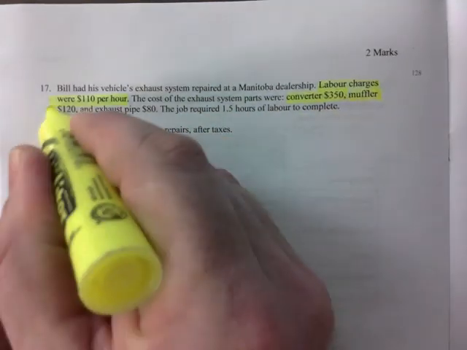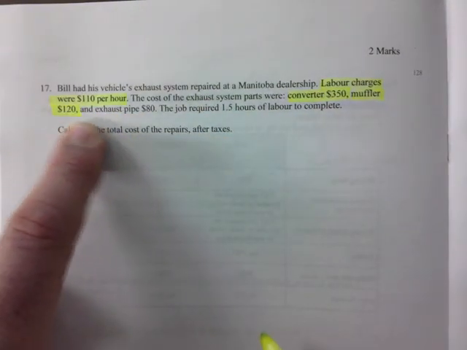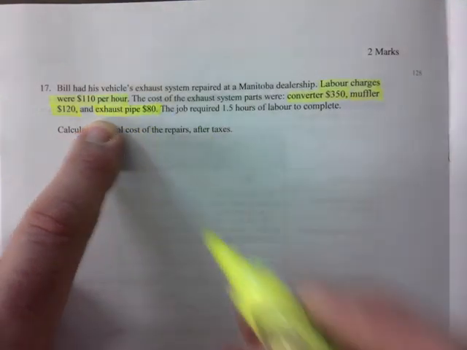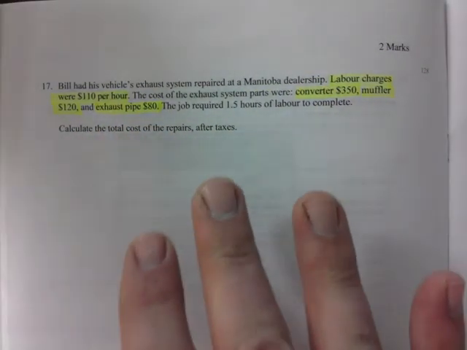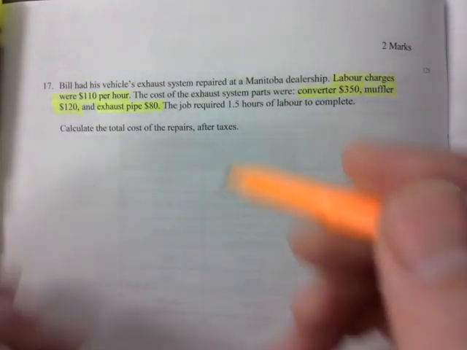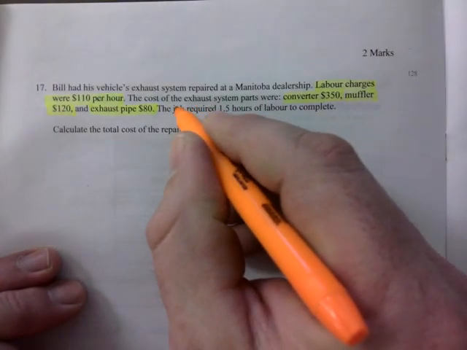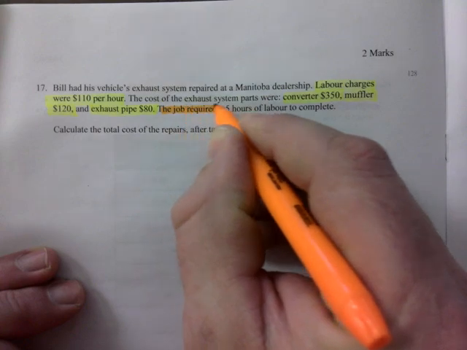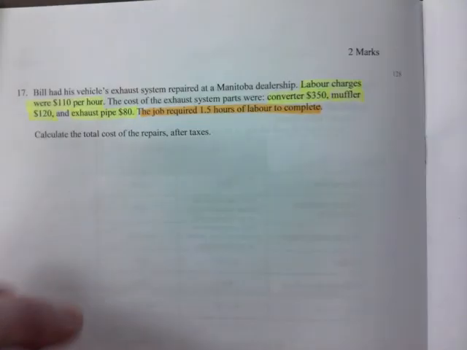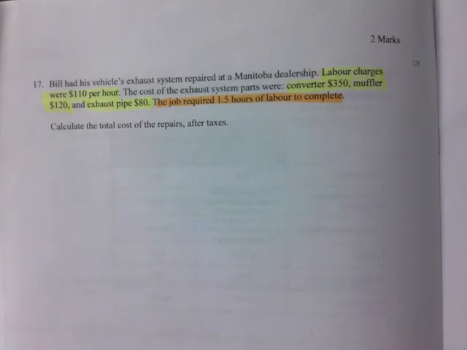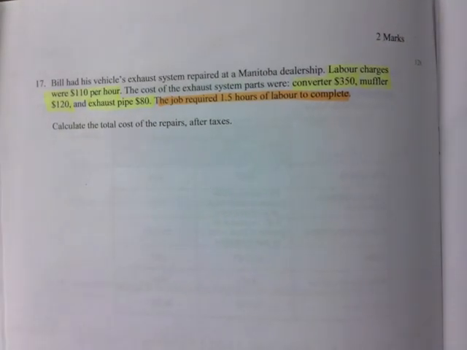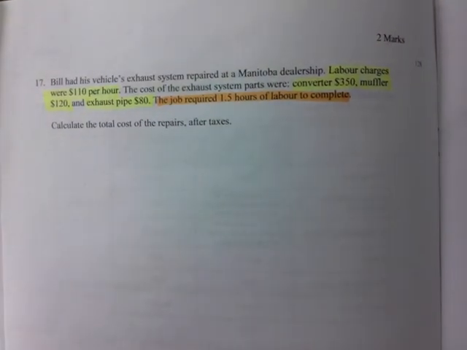The muffler was $120, and the exhaust pipe $80. So that's just single amounts, and then I'll highlight the job required 1.5 hours of labor. I'll give it a different color because that's not a dollar amount, that's hours worked, and it's a bit blurry, isn't it?